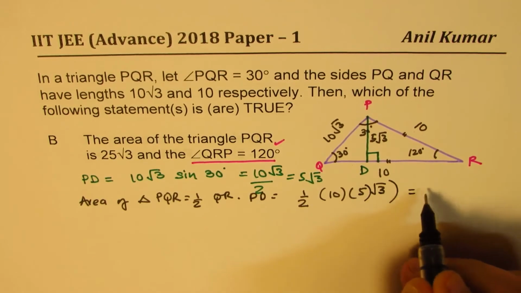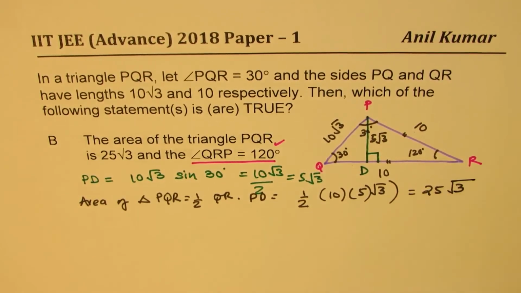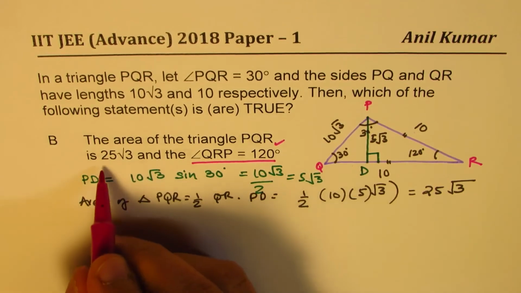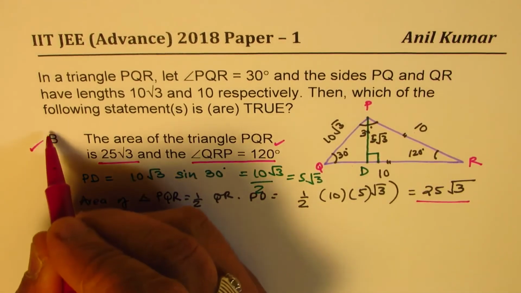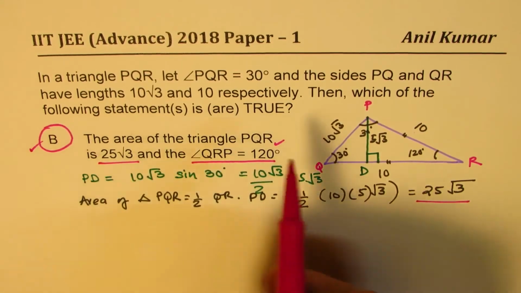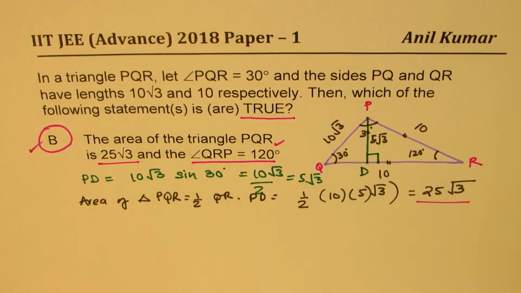Okay, so that gives us 25 square root 3. So that's true. So that 25 square root 3 is correct. So it matches. So this is perfectly fine. So we'll circle this, right? Because we are looking for true answers. Correct? Now let's move on to the next question.